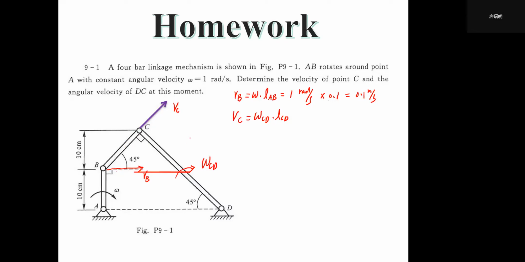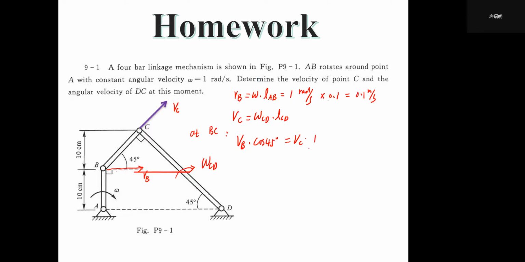At linkage BC, we can use the theorem of projection method. So we have VB times cosine 45 should equal VC cosine 0, because cosine 0 is 1.